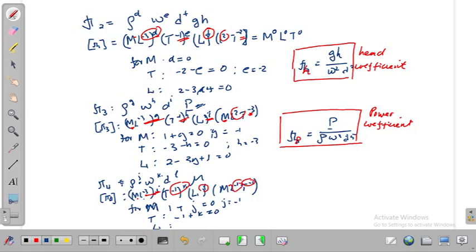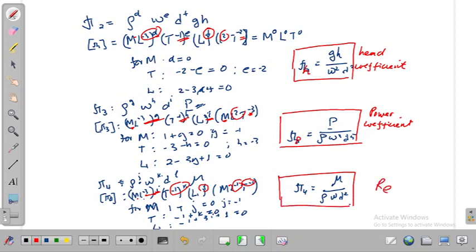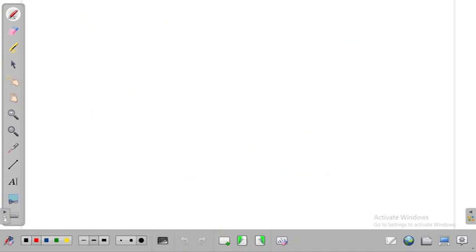So for l, we'll be able to say minus 1 plus 3i plus 1 is equals to 0. So the expression for pi 4 will get to be equals to mu over rho omega d squared. If you look at this, it's actually the reciprocal of the Reynolds number. So the pi 4 actually refers to the Reynolds number. So we can now write the functional relationship.